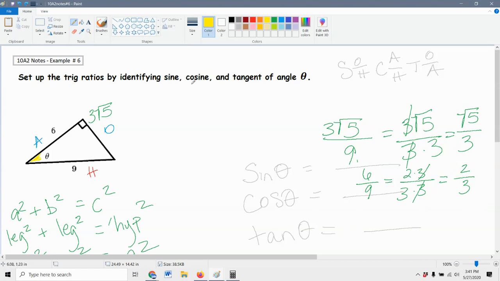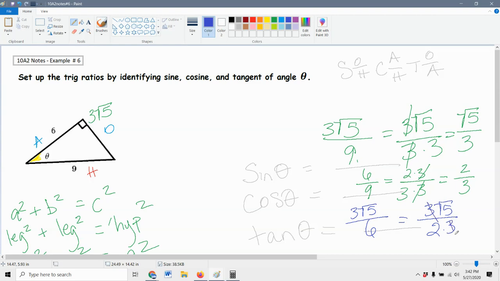The tan of theta is the opposite over the adjacent, opposite being 3 root 5, adjacent being 6. And when we simplify this, we know that 6 is the same thing as 2 times 3.